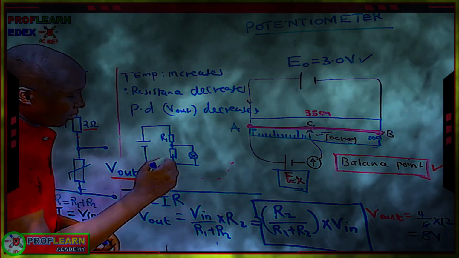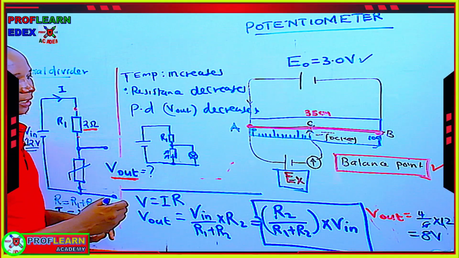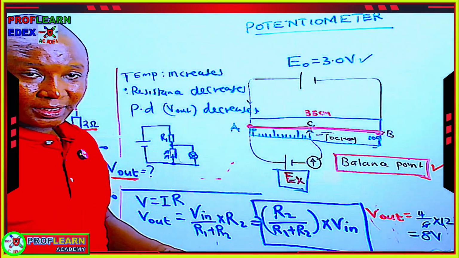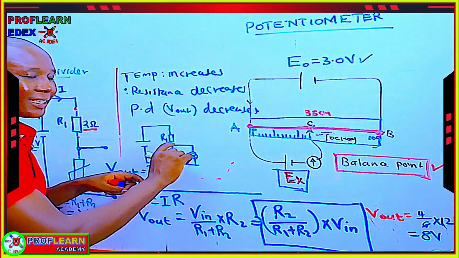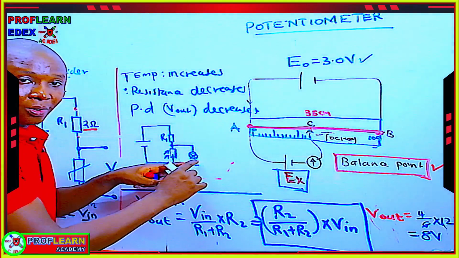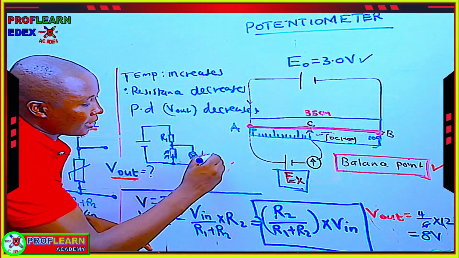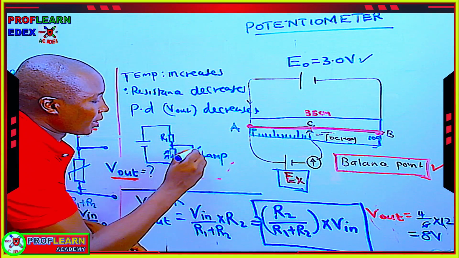During the dark, of course, this is a light dependent resistor, LDR. So meaning that during the dark there will be high resistance, and when there is high resistance in this connection, there will be a larger potential drop across the lamp. So the lamp is going to light brighter.